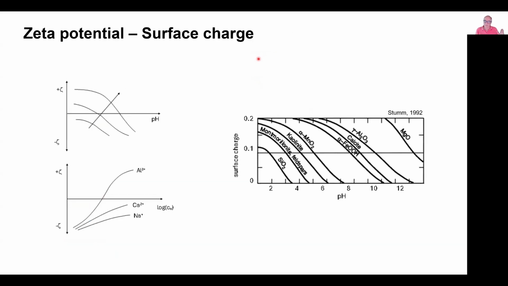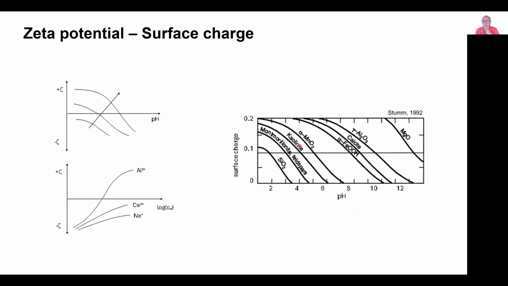We also said in previous presentations that clays are charged for different reasons. One, because of isomorphic substitution, which was the inherent part, and the other part was related to pH and the pore fluid. And here is a bulk measurement of surface charge with respect to pH.